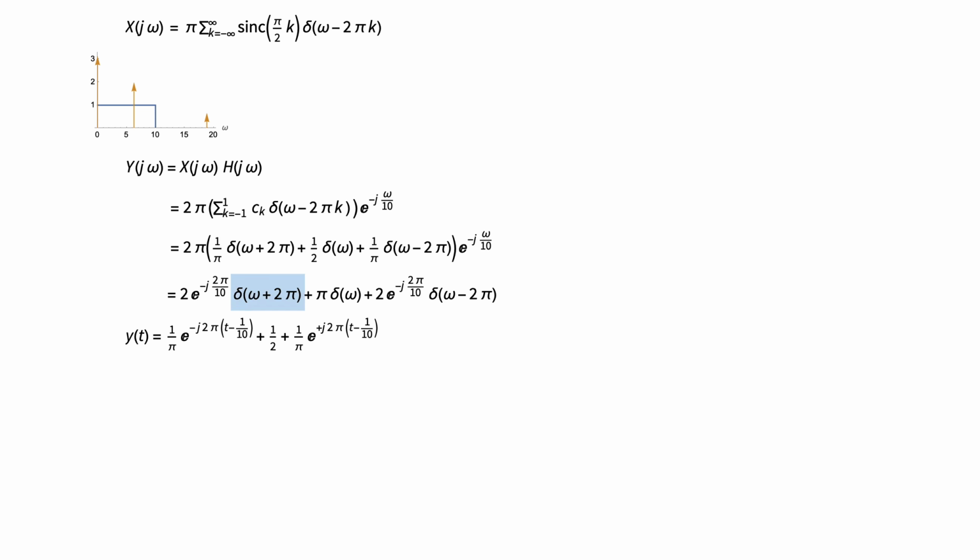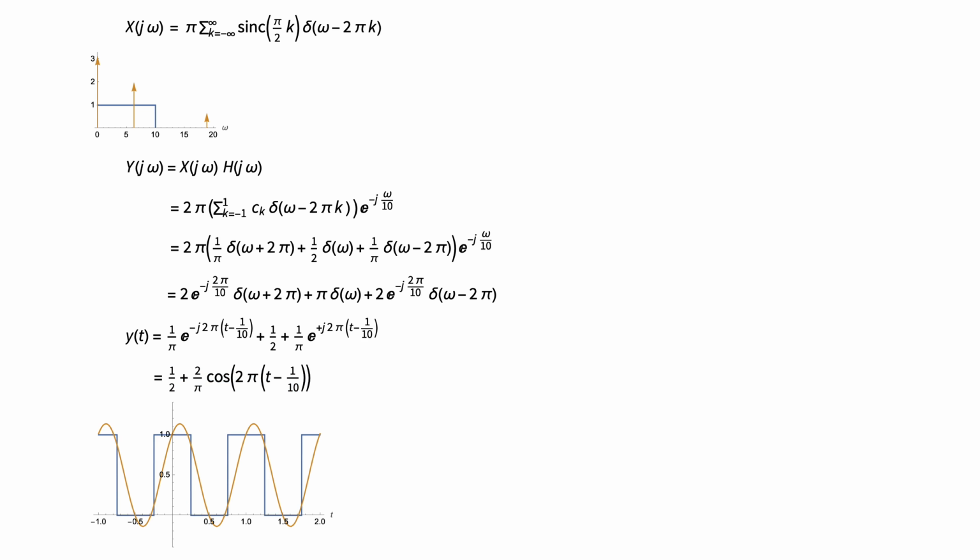Since each impulse in frequency corresponds to a decaying exponential in the time domain, we get the value of y of t as indicated here, which can be simplified as shown in this expression. We can also plot the input signal and the output signal together. Note how the low-pass filter removes the signal frequencies in the square wave beyond the cutoff frequency, which is 10 radian per second.